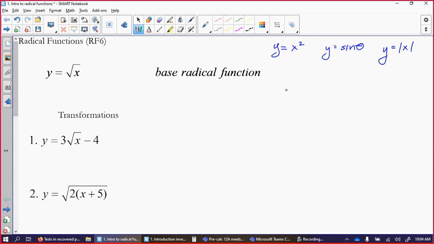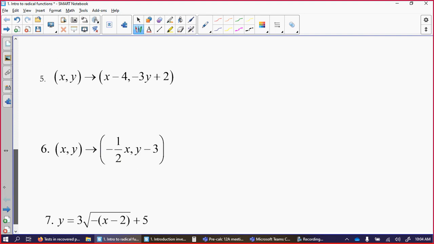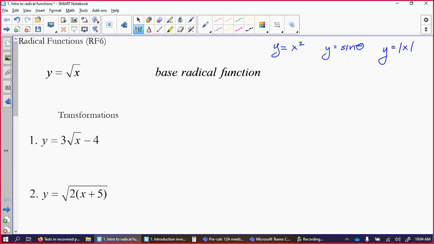So we're starting with a new function. We're going to look at mapping rules and equations and all the stuff that we've done. We did it originally with transformations: y equals f of x and y equals a f of 1 over b (x minus h) plus k.